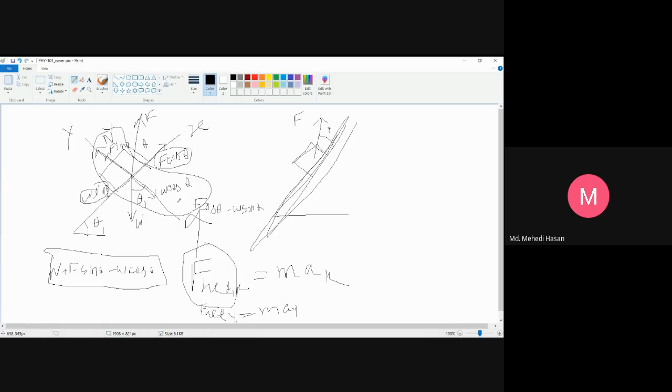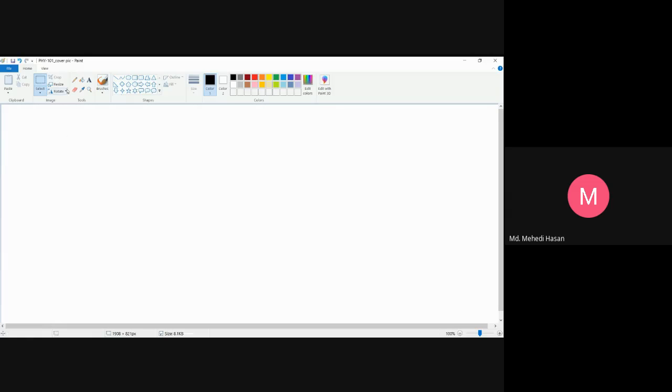So this is the procedure to draw the free body diagrams. And another case will be like that. Say the object is moving. This is theta. The object is moving in the downward direction, and we apply a force in that direction, also trying to move the object upward.